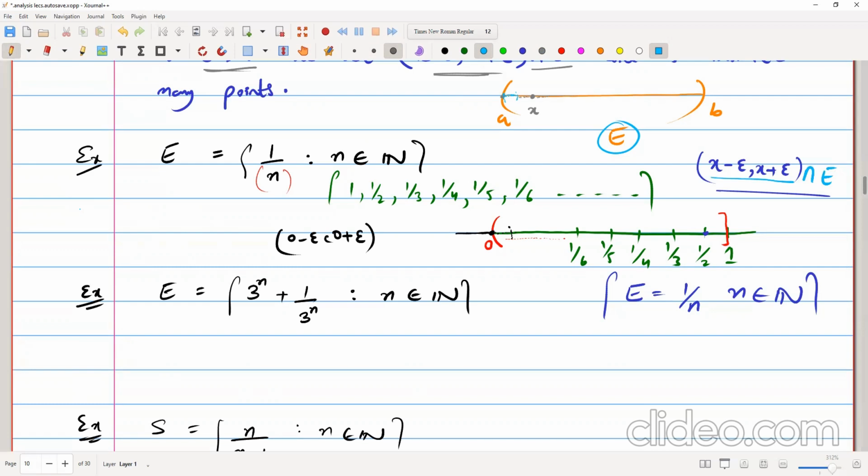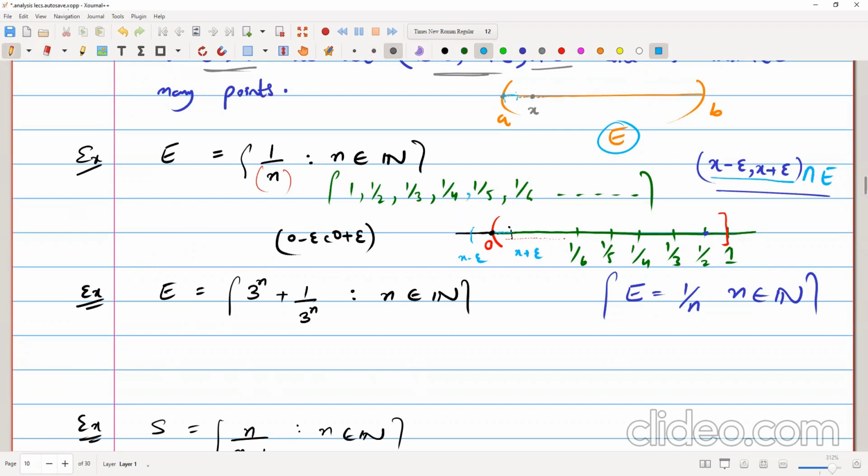But if one of them is in the set, for instance, in this case, 0 plus epsilon, that is right, everything to the right of 0 is included in the set, but to the left of 0 is not included in the set. For instance, this distance is epsilon, this is minus epsilon. So this is x minus epsilon, this is x plus epsilon, right?